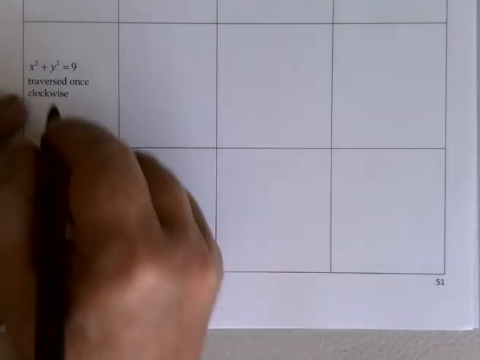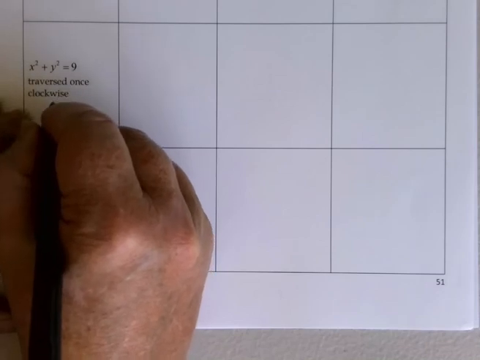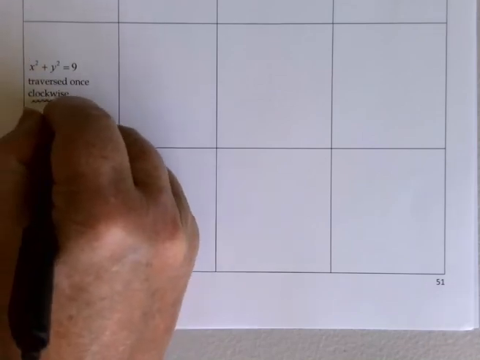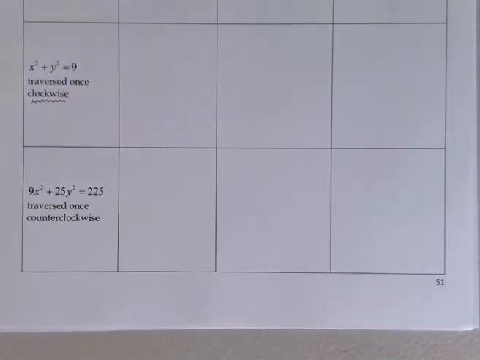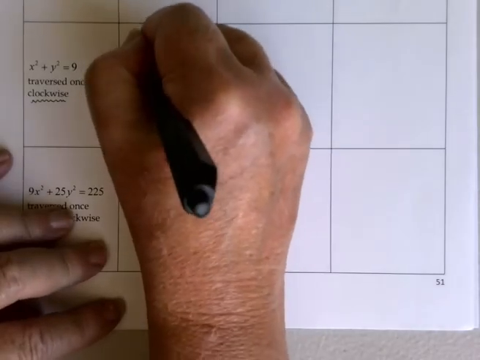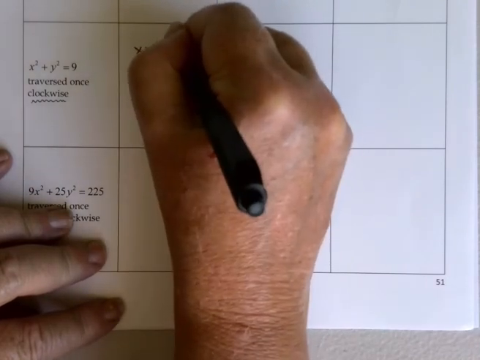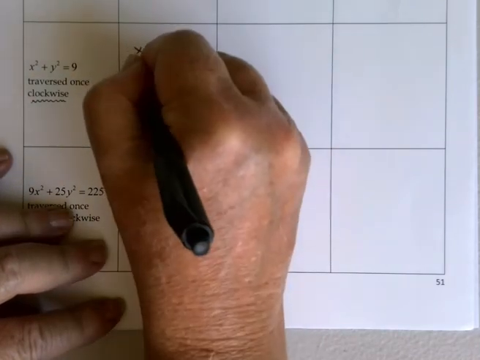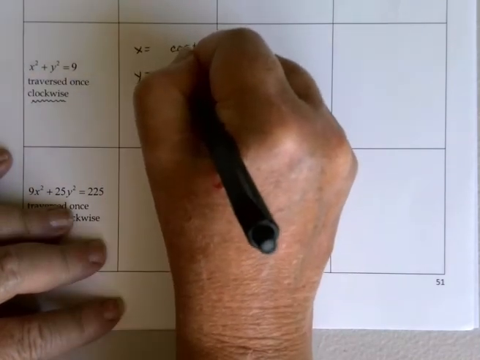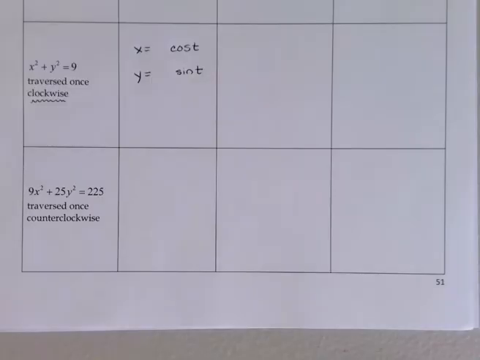And so to parameterize this, anytime you travel clockwise around a circle, you can always use x as the cosine term and y as the sine term. So I'm going to let x be cosine t and y is sine t.